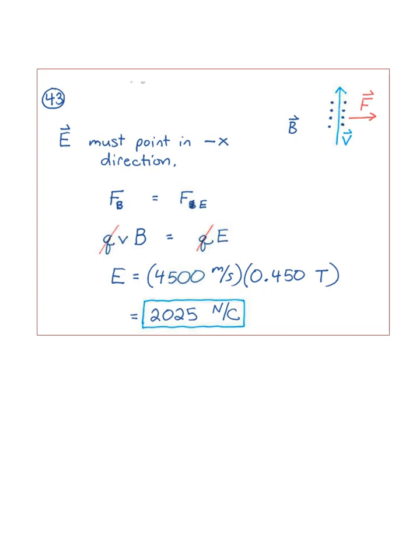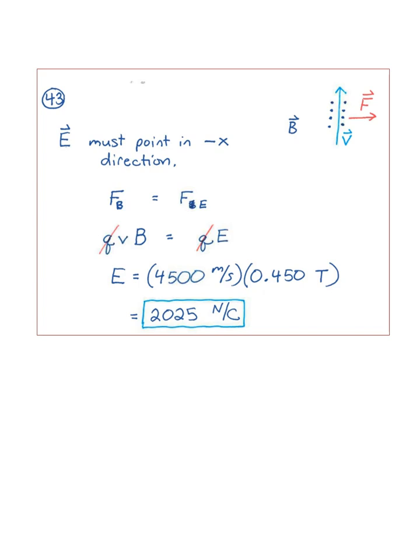Number 43, a proton moving in the positive y direction, as I've drawn there. The uniform magnetic field is in the positive z direction, so coming out of the page. Find the electric field that must be applied to give zero net force on the proton.